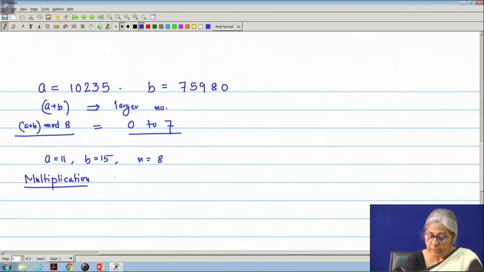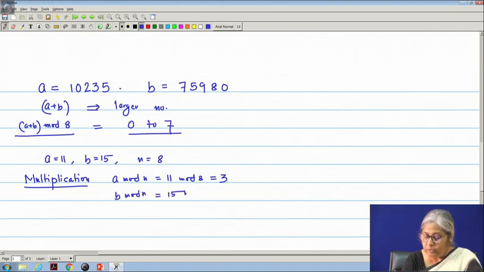So, if I take a mod n, which is 11 mod 8 equal to 3, and b mod n equal to 15 modulo 8, which is 7.